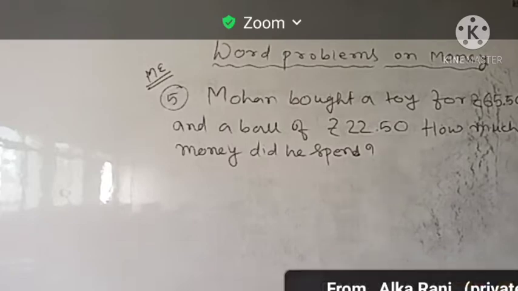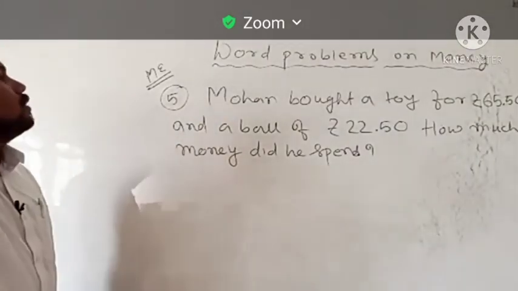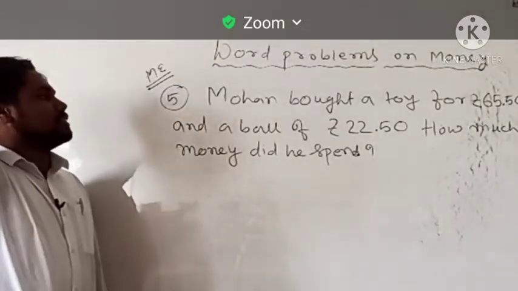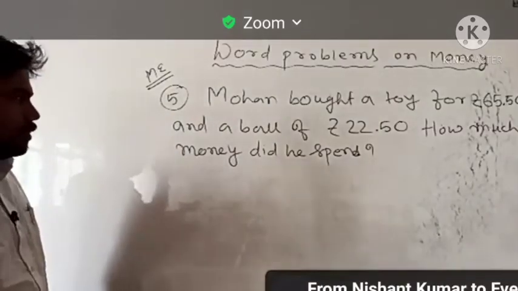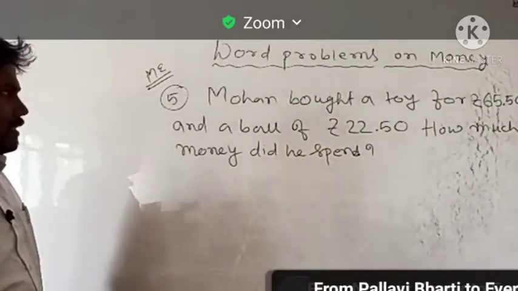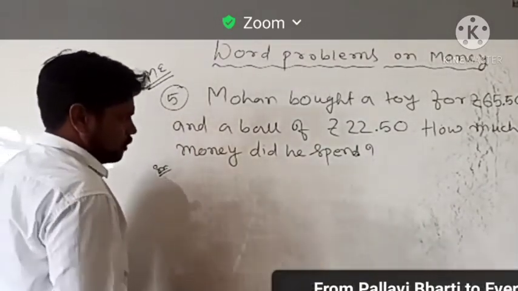So from the question itself you can see it is asking about the total money, how much he spent, and very simply it is given that two things he is bringing, so definitely we will add the money. So let's add and check how much the answer will be. So Mohan brought a toy.